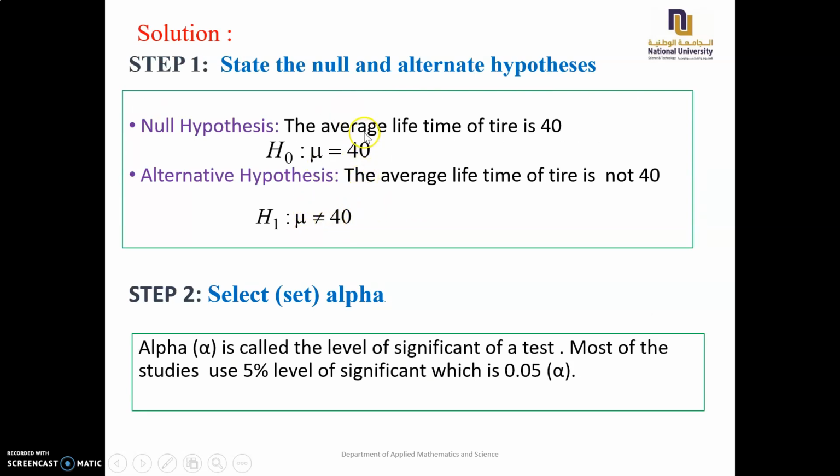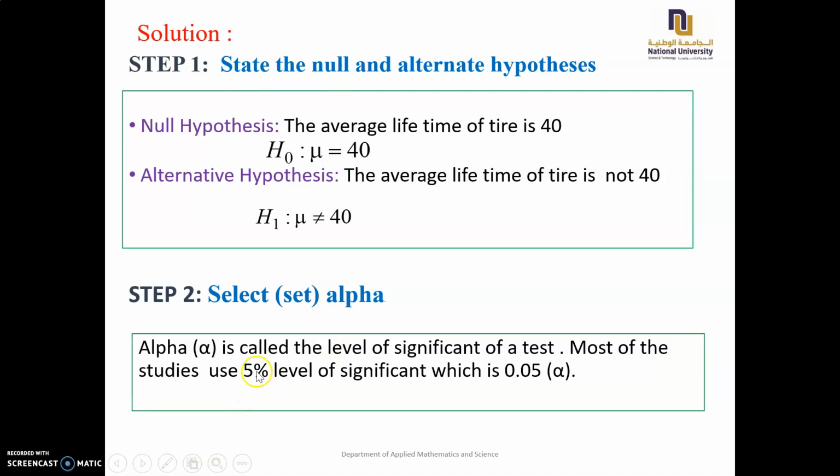So we have two opposing hypotheses, and now we have to test whether our null hypothesis is correct or not. We might make a wrong decision and reject the null hypothesis when it is actually correct. So we have alpha percent chance of making a wrong decision. What is our alpha here?